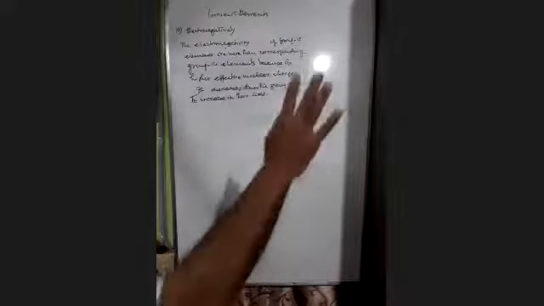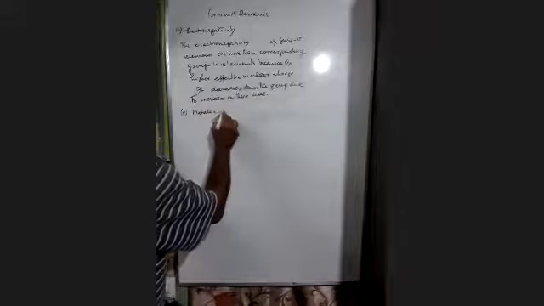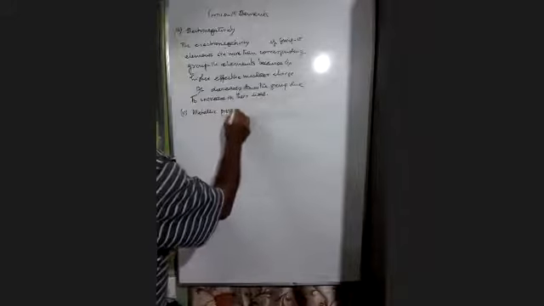So if I bring all of them together, then I get another property that is called metallic property. So what should I write now here?